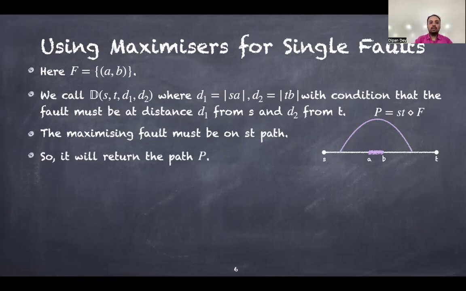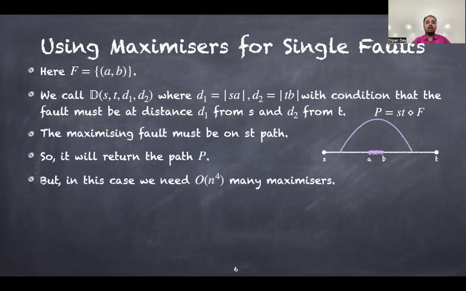Now on the ST path, at distance D1 from S and D2 from T, there is exactly one particular edge, and that's why it will just return the path itself. So this is easy if we use maximizers this way for a single fault. But the problem here is that S, T, D1, D2 can each take n many values.